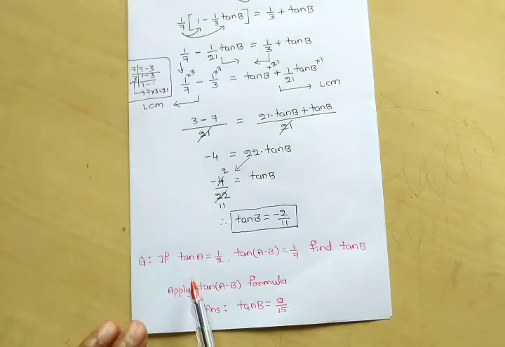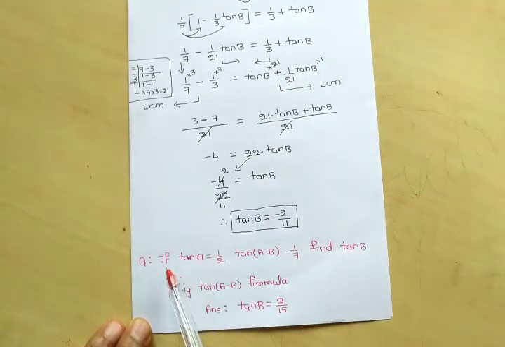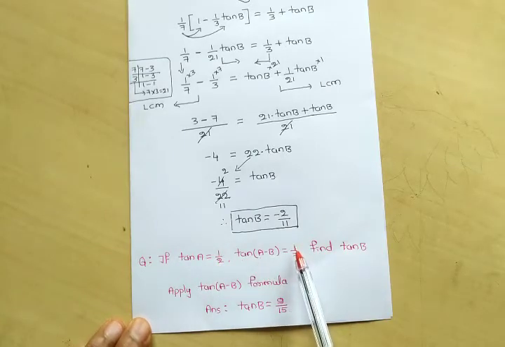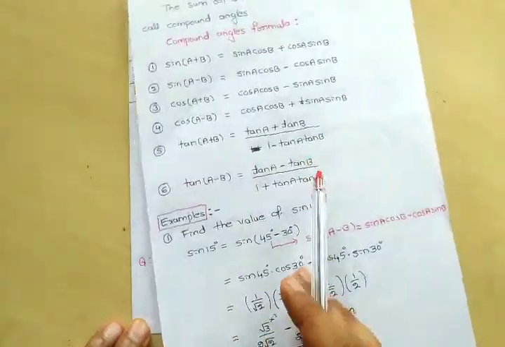Next, this question you can try. So here it is the same as how you solved the previous example. Tan a is equal to 1 upon 2. Tan a minus b value is given as 1 upon 7. Then you need to find out which value? Tan b. So here tan a minus b is given. That's why the first step you need to do is apply the tan a minus b formula. Correct. So you know the tan a minus b formula is what?